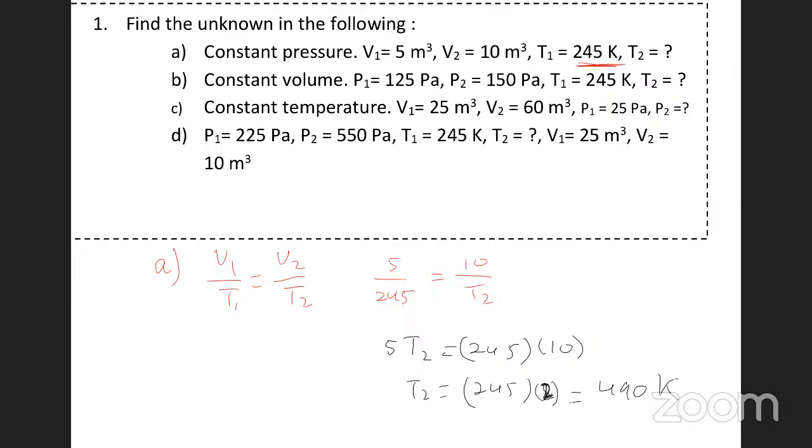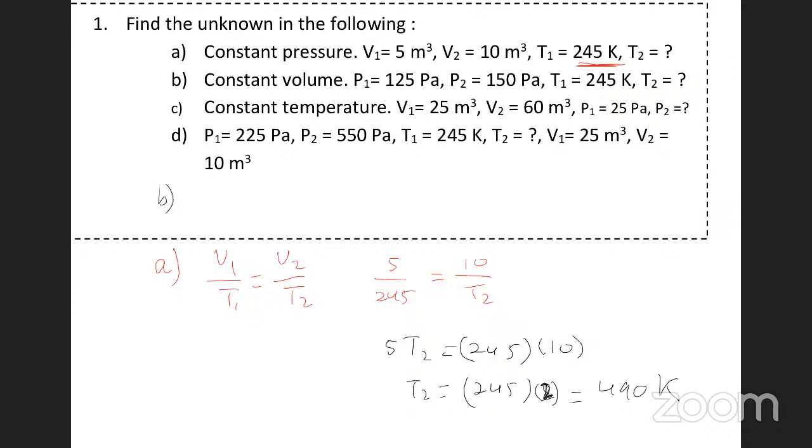Yeah? 490. Nice. So remember, two fractions separated by an equal sign, cross multiply. Deshaun, you got that? Everybody okay with that? Let's check the next one, B.